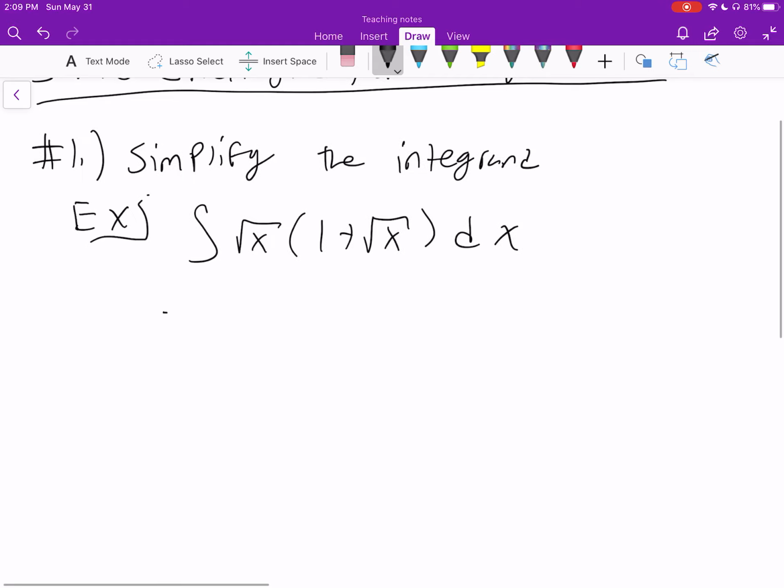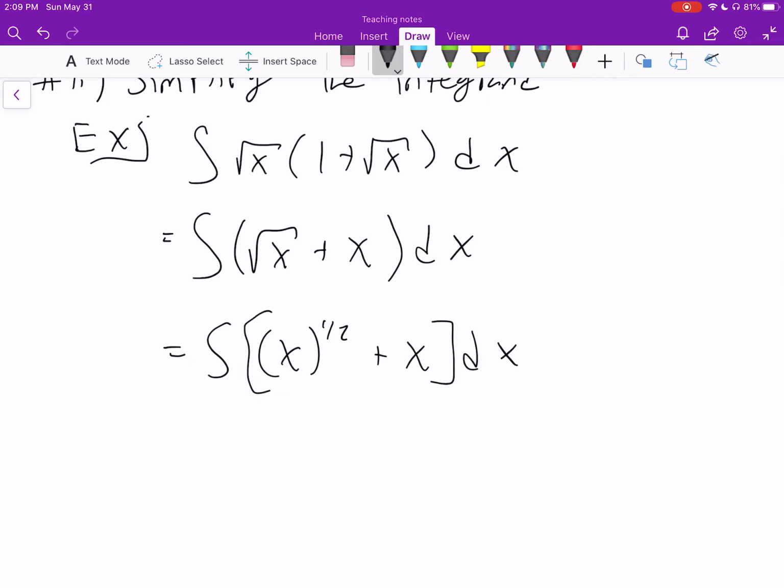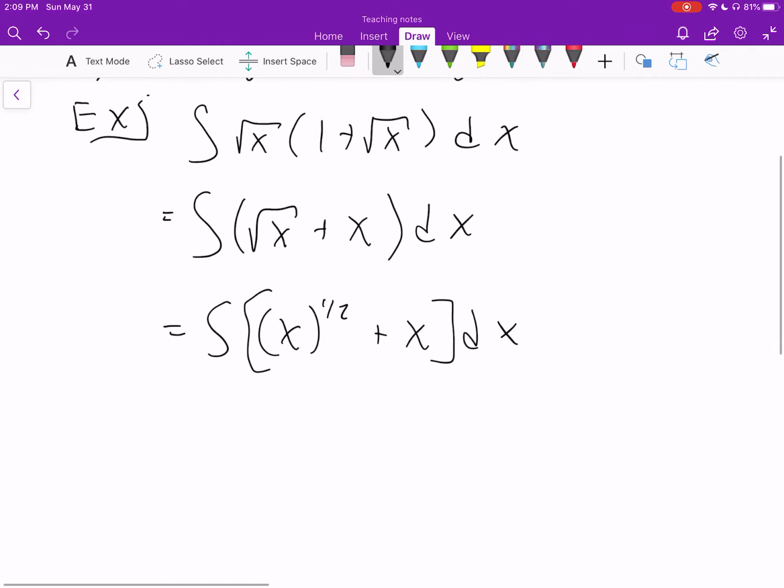What you'll notice is that you can distribute this and you get the square root of x plus x dx. So this is the integral of x to the 1/2 plus x dx, and both of those are integrable. You can just do the integration. So that's really the first thing you're looking out for.